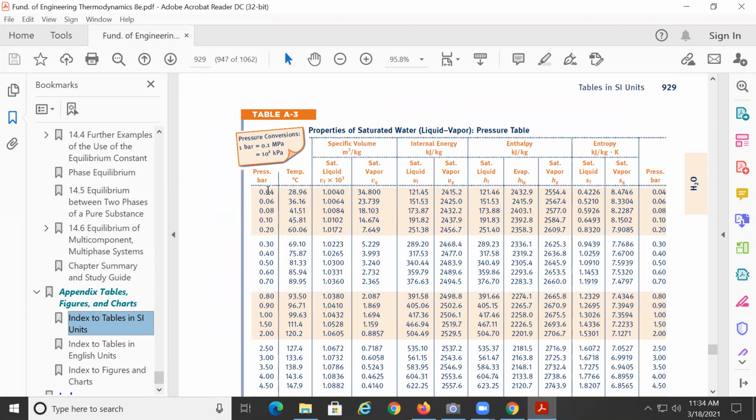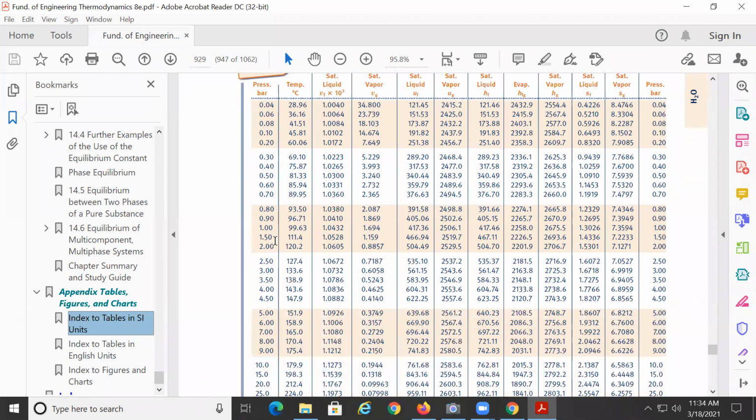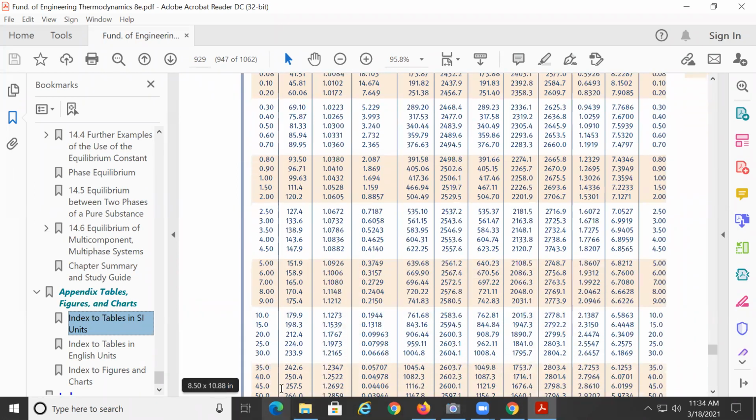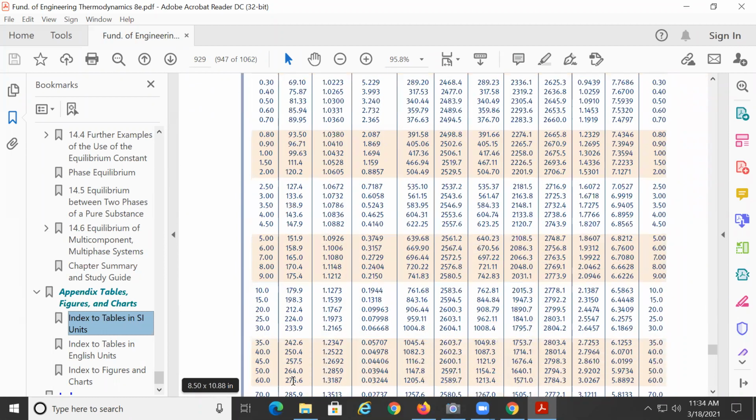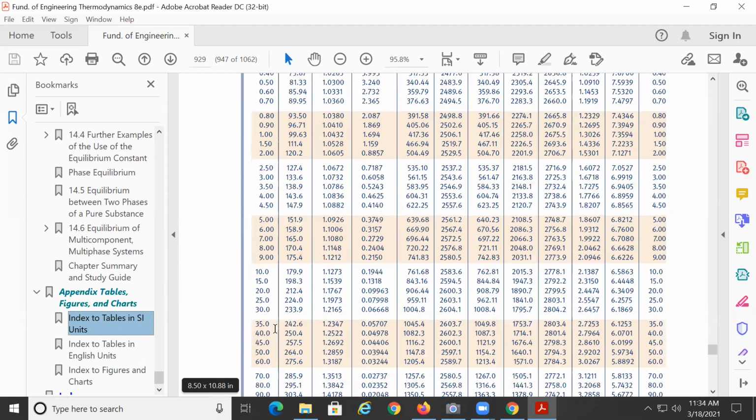It's 40 bars, so this is in bars. What is the saturation temperature at 40 bars? It will be 250.4, no? What is the temperature we have? It is 400. So as they tell us in the problem, what is the state? It should be vapor, or gas.